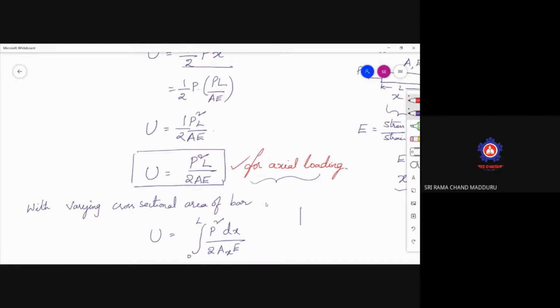This is applicable for a bar with varying cross-sectional area like this. At any cross-section at a distance of x, the cross-sectional area is Ax.